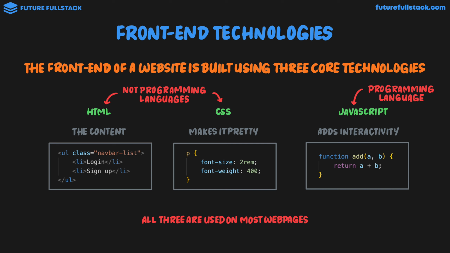But 99.99% of the experiences you and I are interacting with will be using all three technologies. We will be spending a lot of time going through each of these in detail, so do not worry about exactly what they each do just yet. For now, you just need to know they exist and that there are no other foundational languages besides these that power the front end.